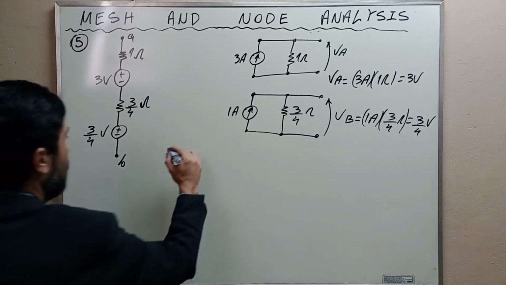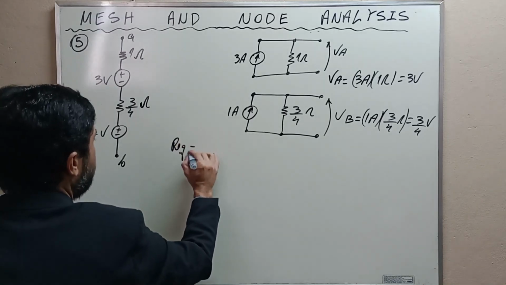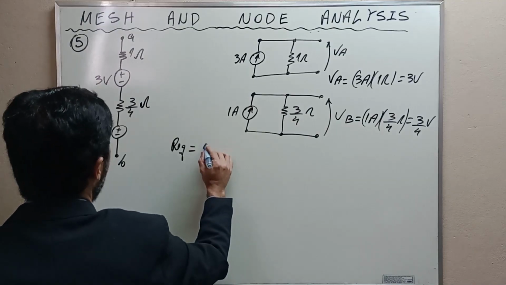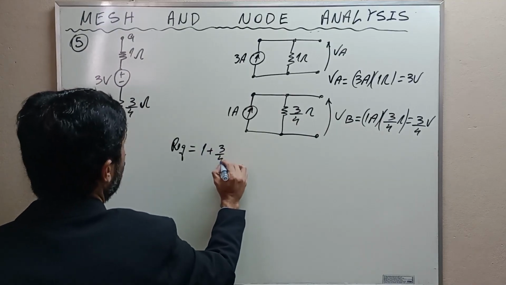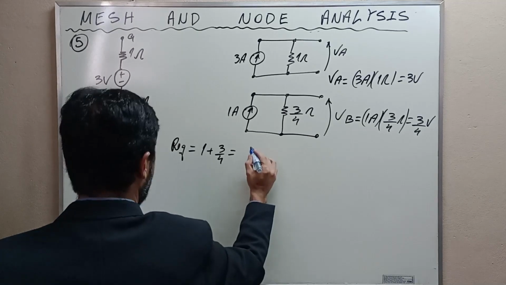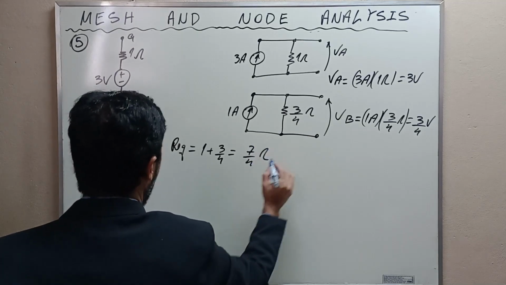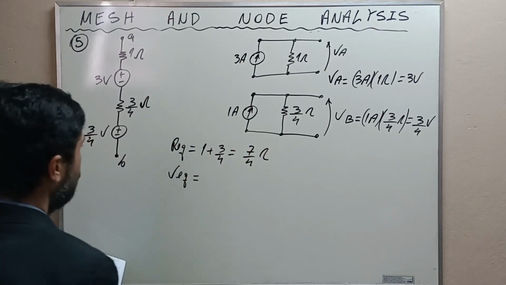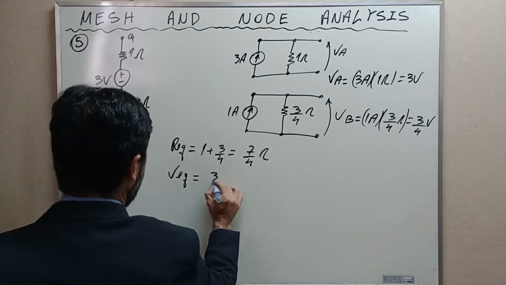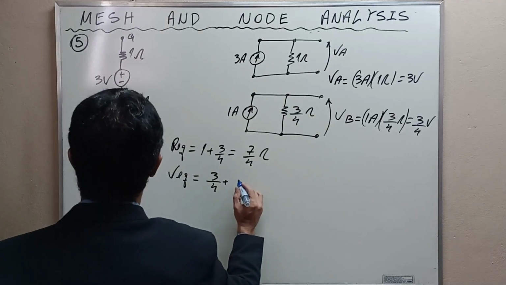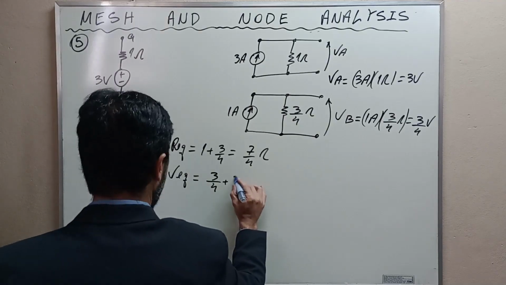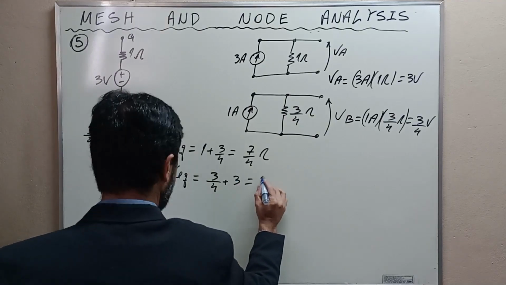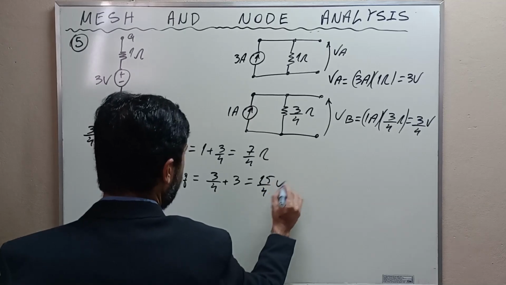Then the equivalent resistance is 1 plus 3/4, and this is equal to 7/4 ohms, and the equivalent voltage is equal to 3/4 plus 3, and this is equal to 15/4 volts.